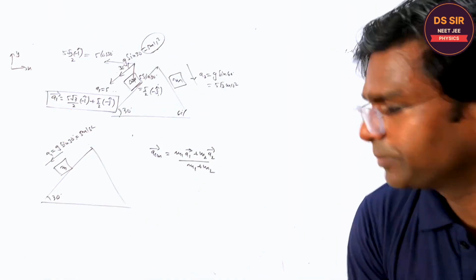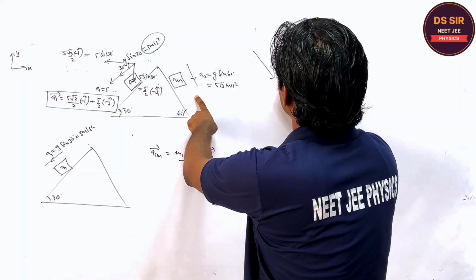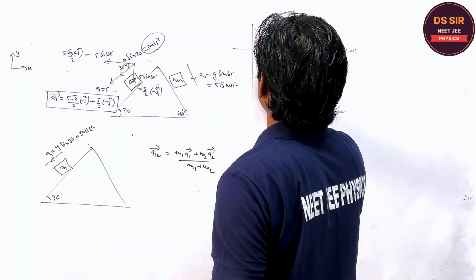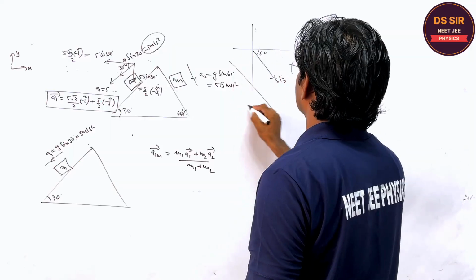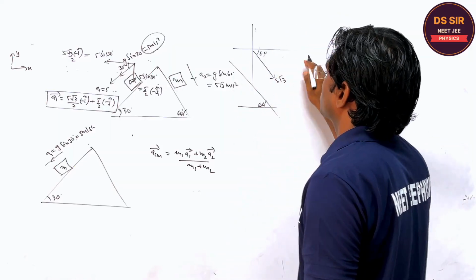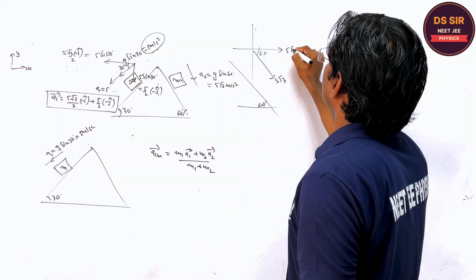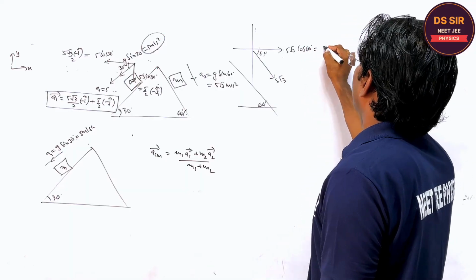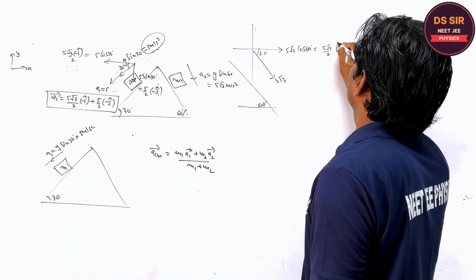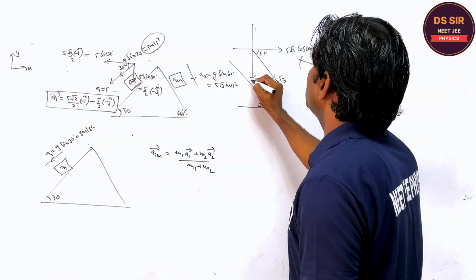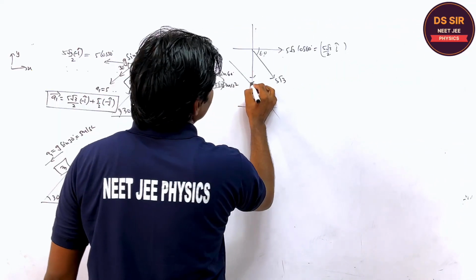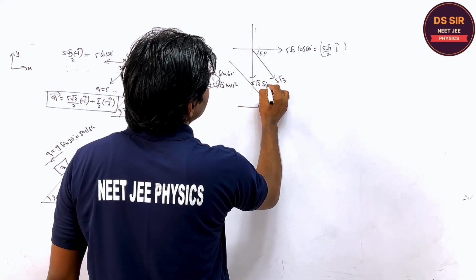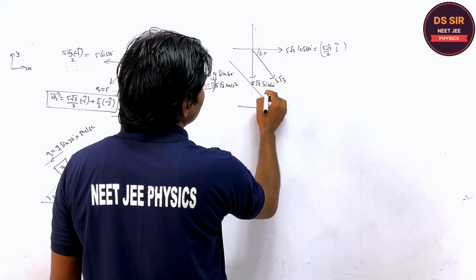So for this thing, this is 5 root 3. Right. What is this angle? This is 60 degree. Therefore, it is 60 degree. This is 5 root 3 cos 60, which is equal to 5 root 3 by 2, and this is i cap. While this is 5 root 3 sin 60. Sin 60 is root 3 by 2.